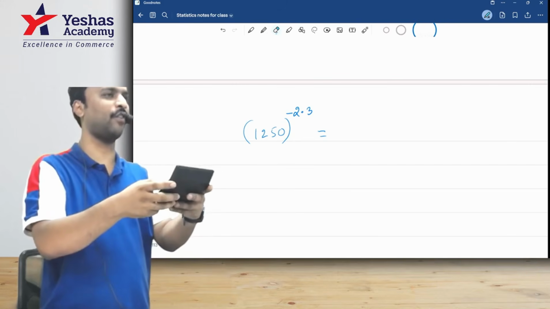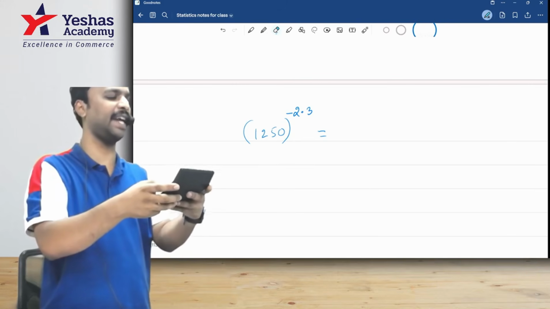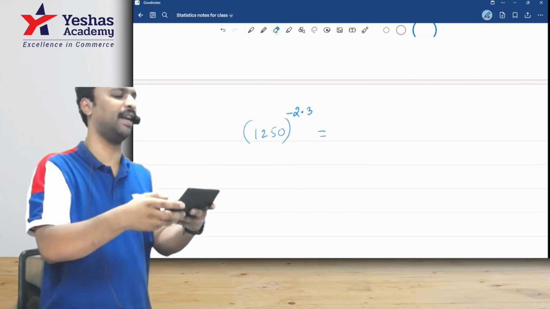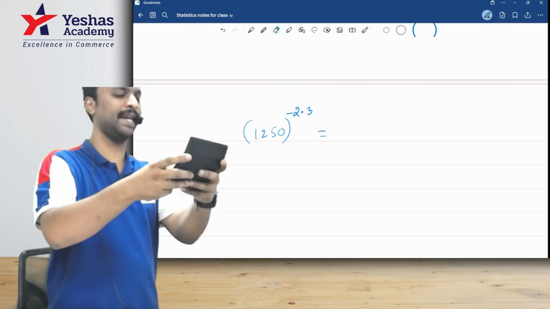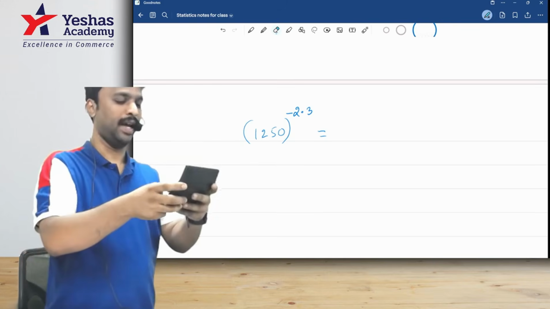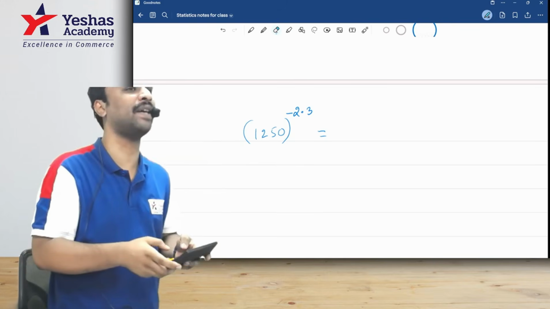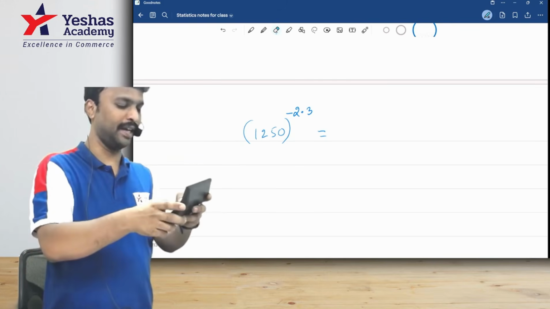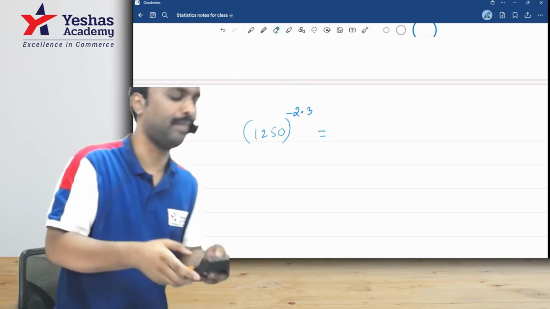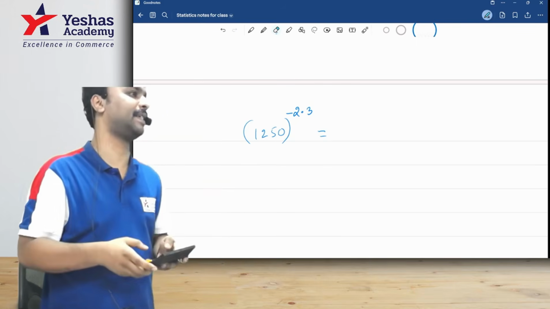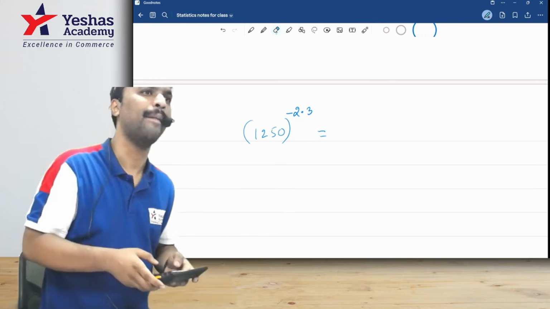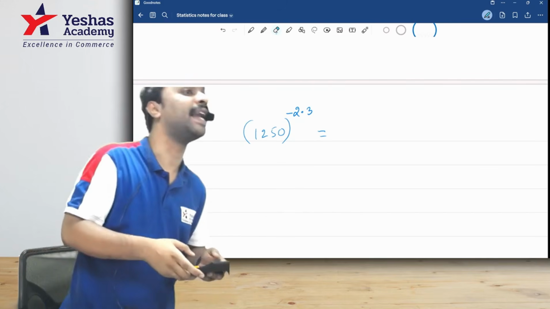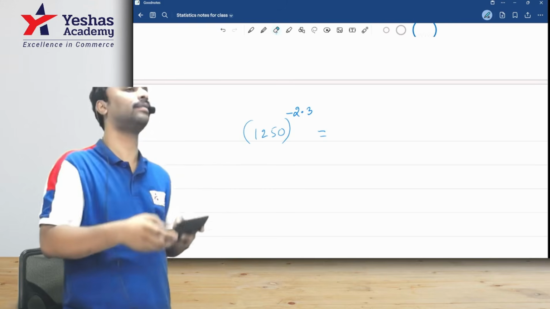Press the square root how many times? 1, 2, 3, 4, 5, 6, 7, 8, 9, 10, 11, 12. Done. Minus 1, into power. What is the power? 2.3. Make it negative with plus or minus. Now plus 1.